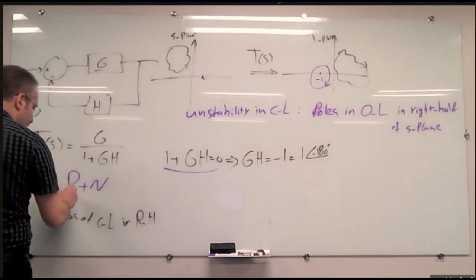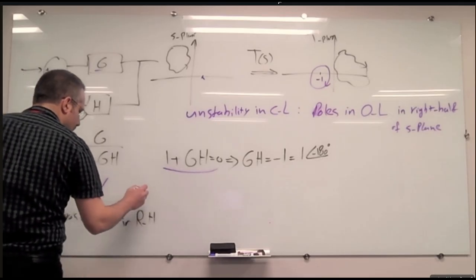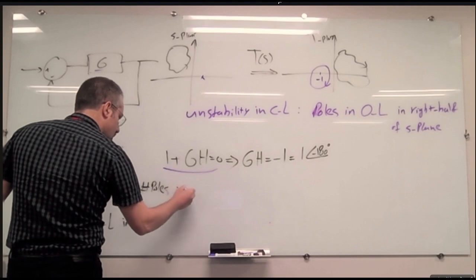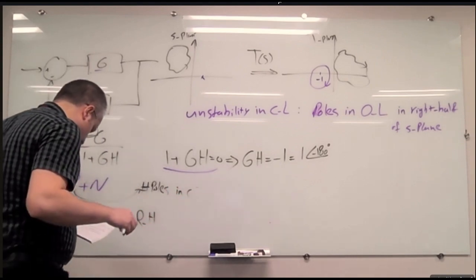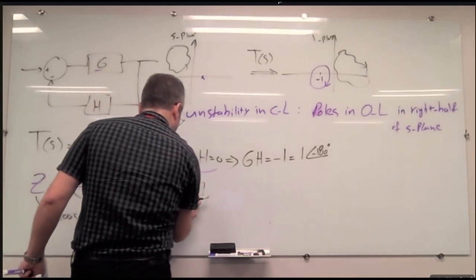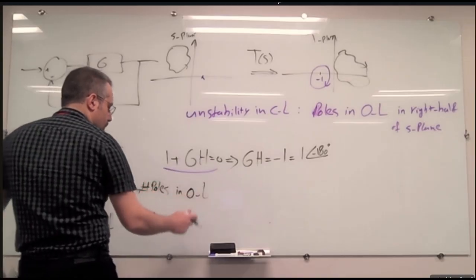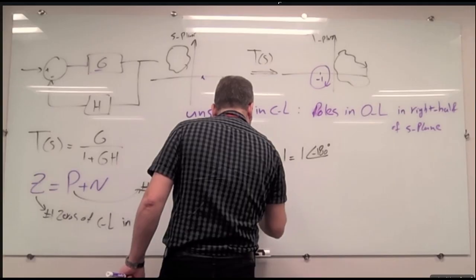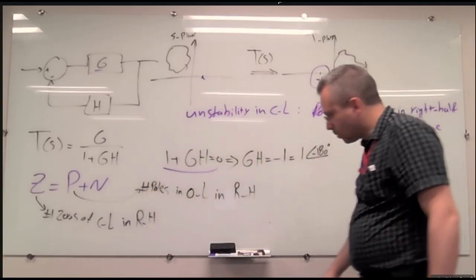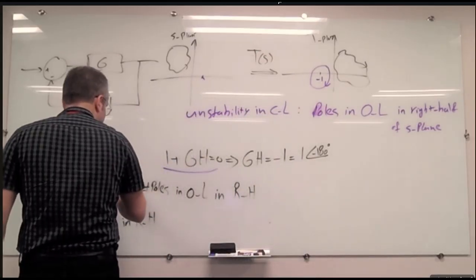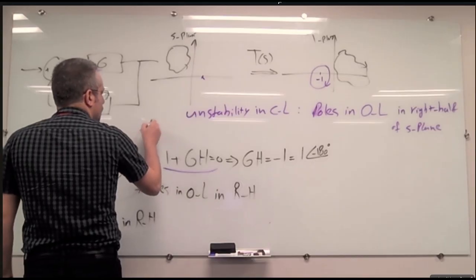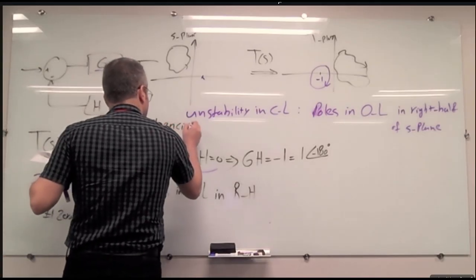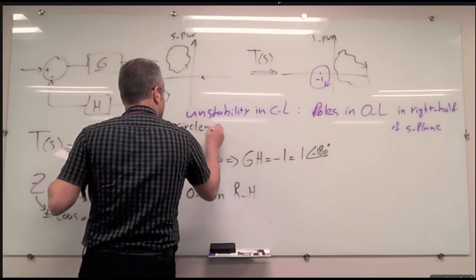The P is the number of poles in the open loop system that are in, again, the right half of our S-plane, and the N is the number of encirclements.